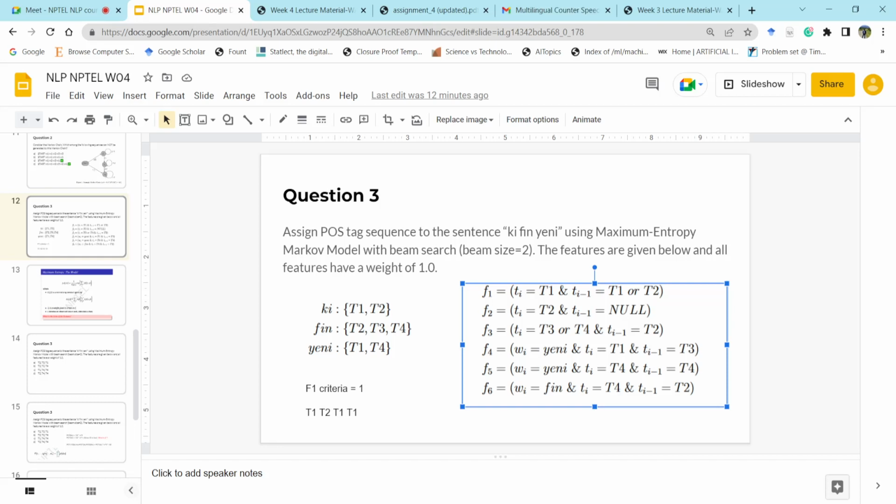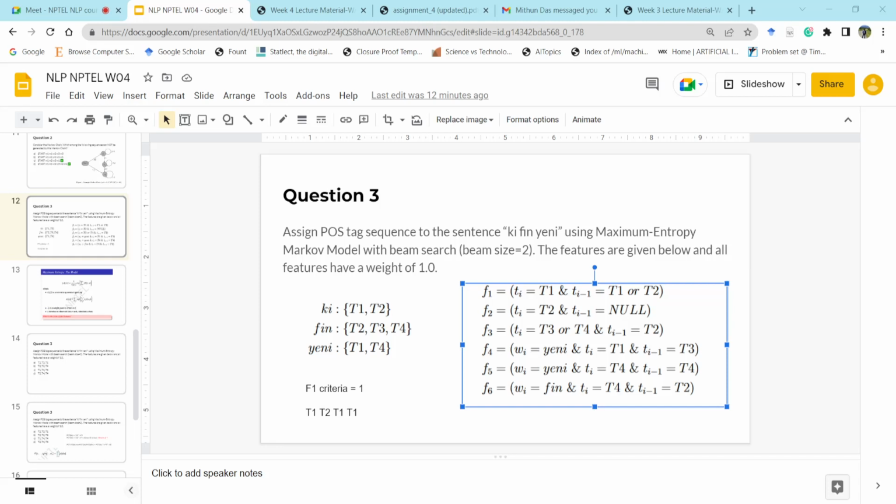Let's say for the first case, we have Ti equal to T1, Ti minus 1 is null, Wi equal to Ki, and Wi minus 1, Wi minus 2, everything is null.